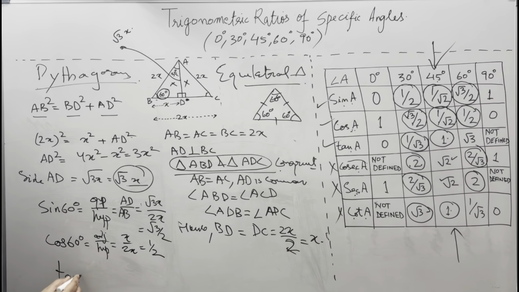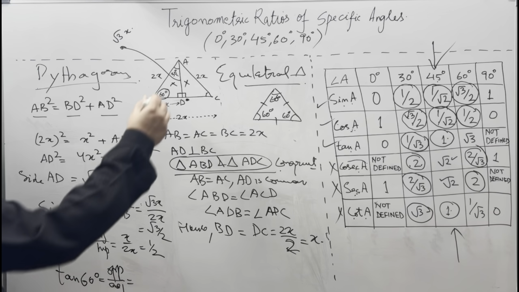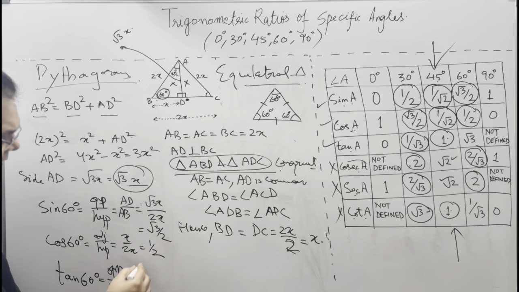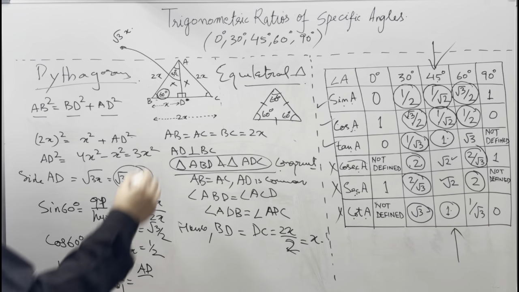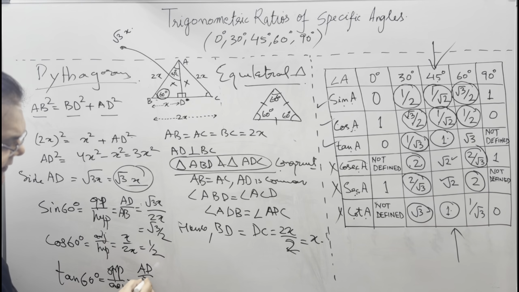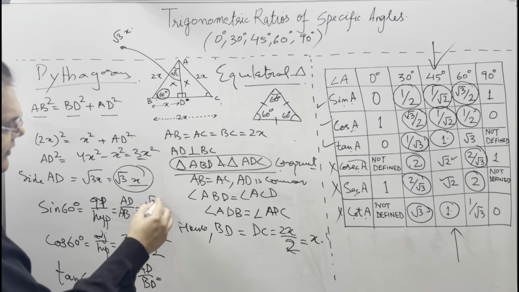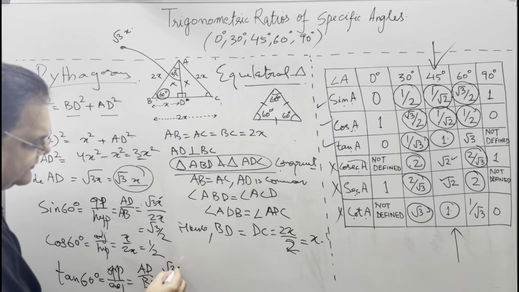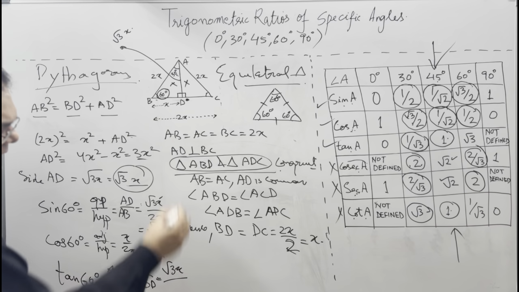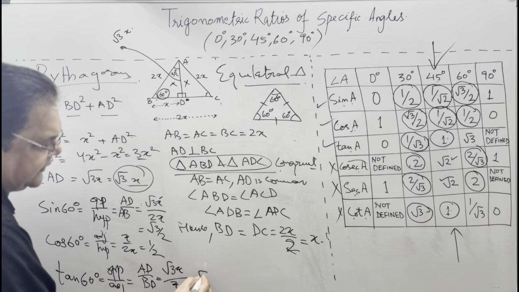Now let us come to tan 60 degrees, that is opposite by adjacent. Opposite is AD, adjacent is BD. AD is root 3x and BD is x, which is equal to root 3.